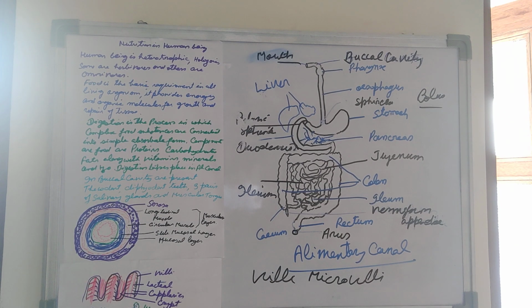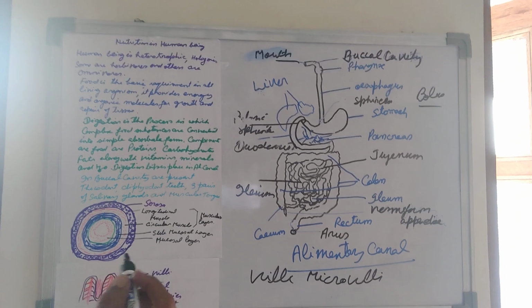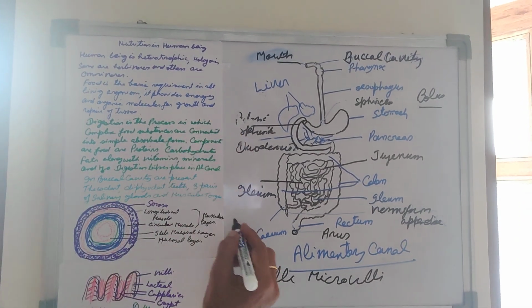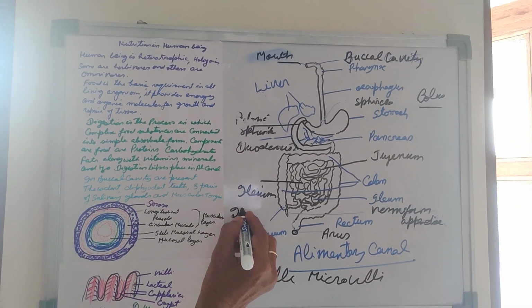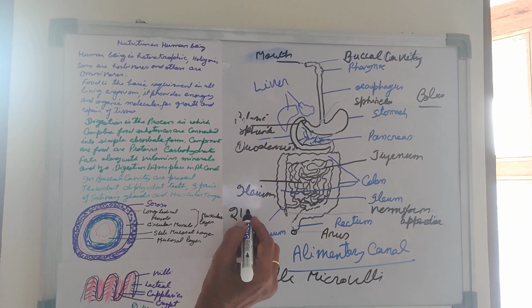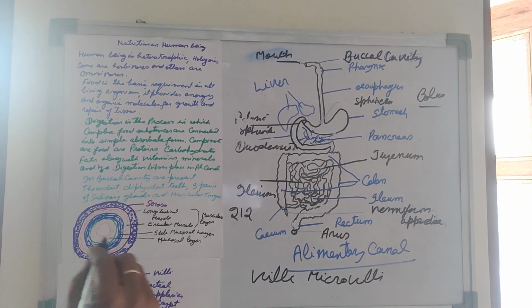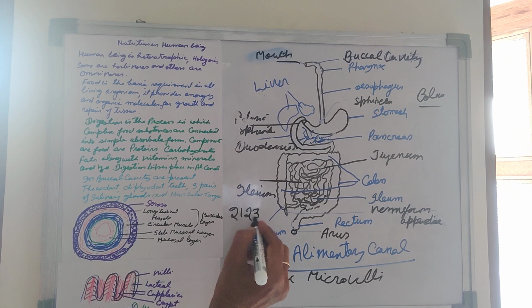Then the number of incisors is 2, canine is 1, premolars 2, and molars 3.